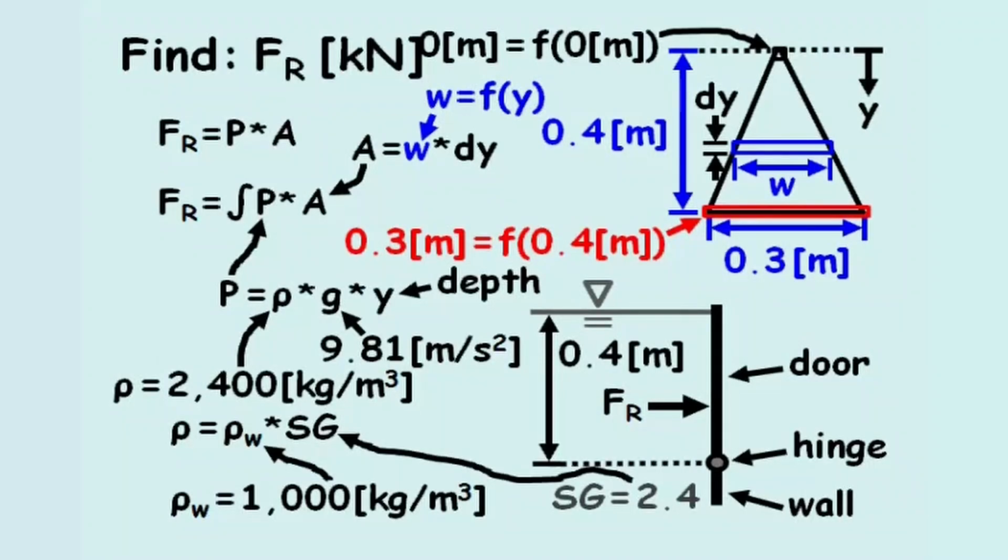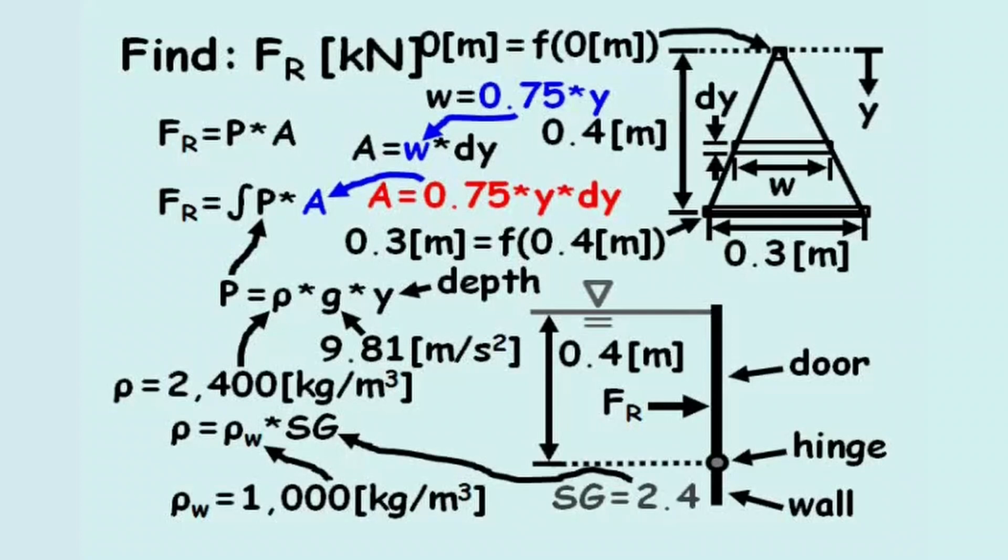Since the function is linear, we know the function f of y equals 0.75 times y, which makes our revised equation for the area of the door equal to 0.75 times y times dy.